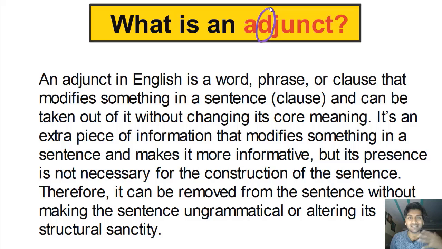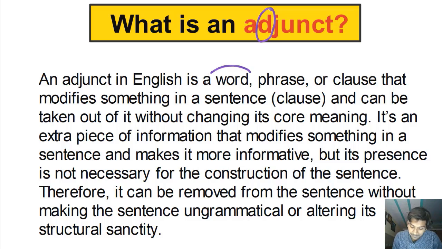An adjunct in English is something that is a word, can be a phrase, can be a clause as well. So it is a word or a phrase or a clause that gives information about something in a sentence. But the information it gives about the part in a sentence is non-essential to the sentence, is extra. So what is an adjunct?